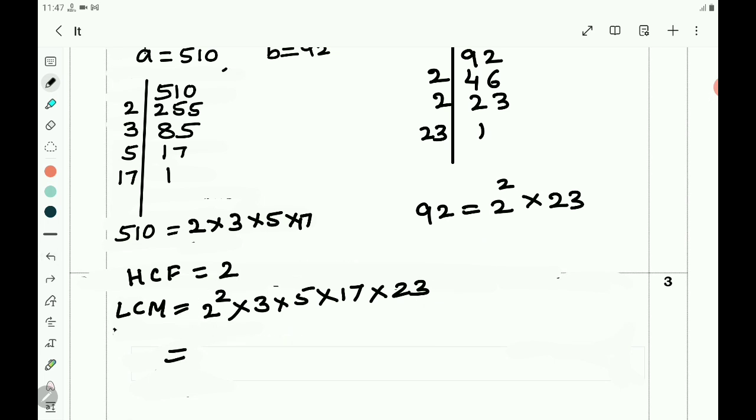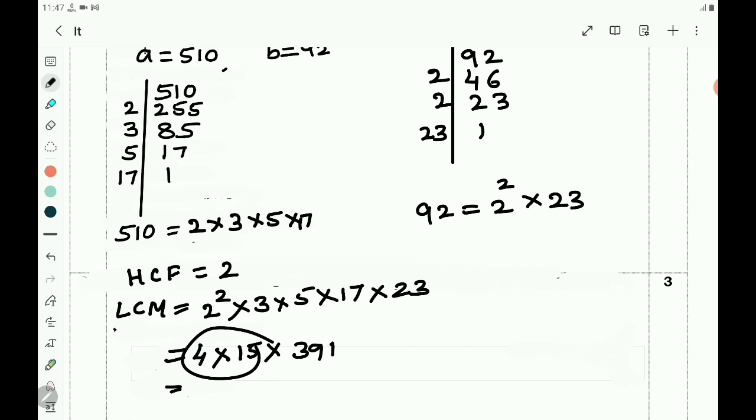2 square is 4. 2 into 2 is 4, 4 into 3 5s are 15. Then 17 into 23. 17 3s are 51, and 17 2s are 34 plus 5 is 39. So you can write 391. The product of these two is 391.